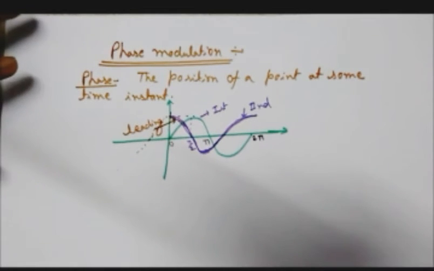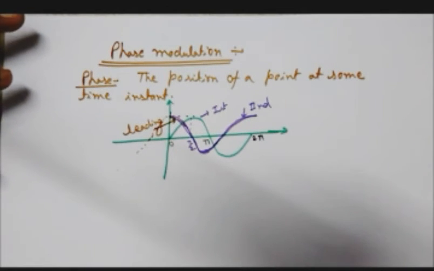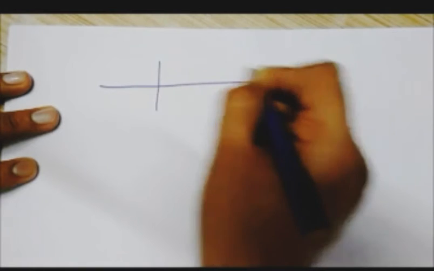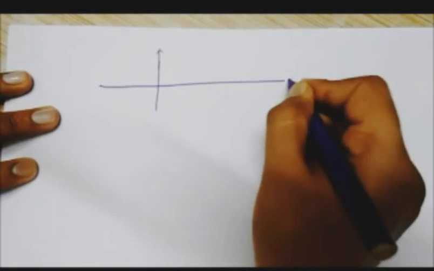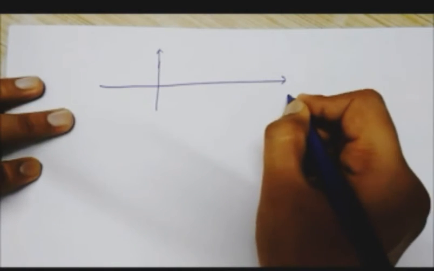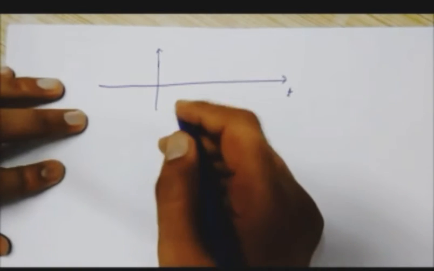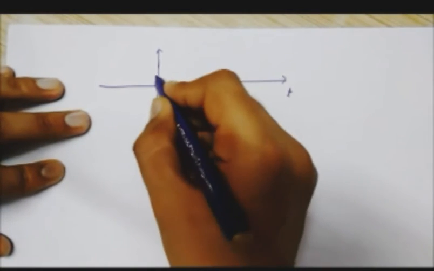So let's analyze the waveform of the phase modulated wave. This is the time axis. I am drawing the message signal.